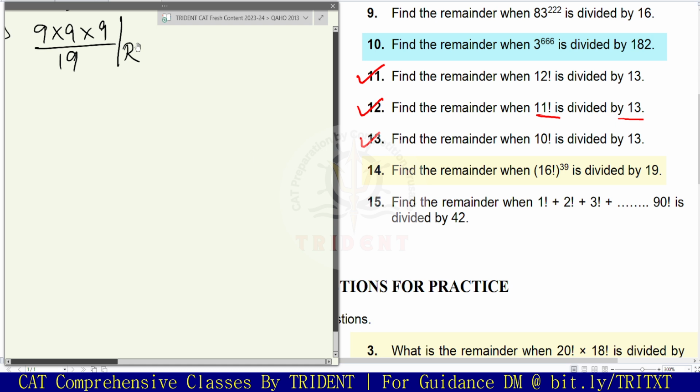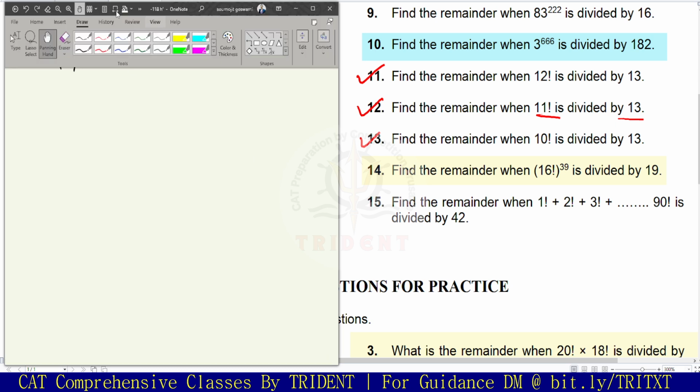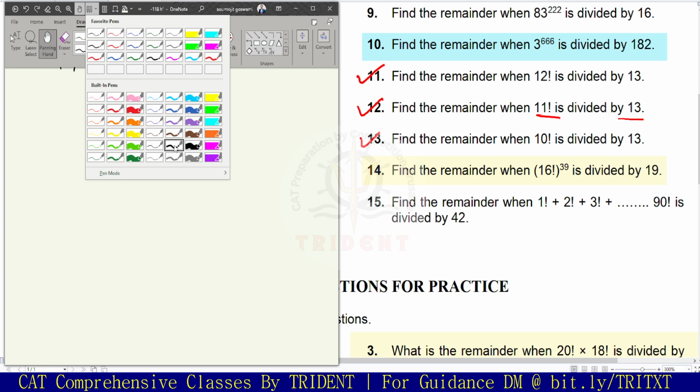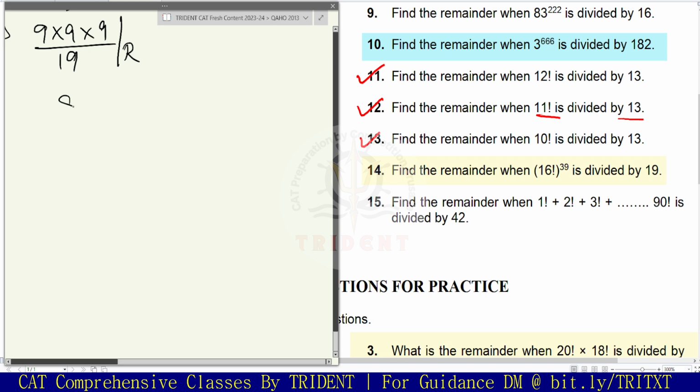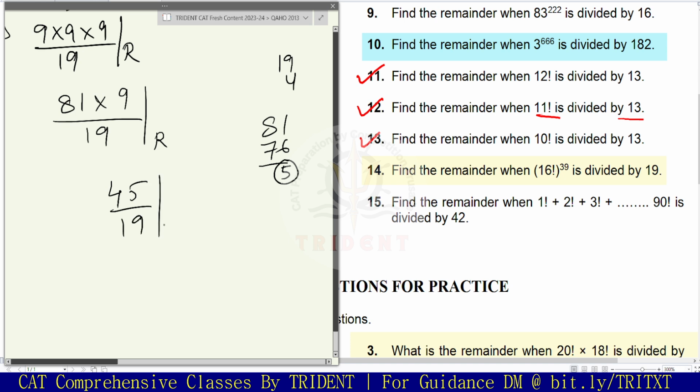But still, because I have to do it, I'll do it. So this is again 81 into 9 by 19. 19 fives are 95, so don't make that mistake. 19 fours are 76, right? So 81 minus 76 is 5. 5 into 9 is 45. 45 by 19 remainder.